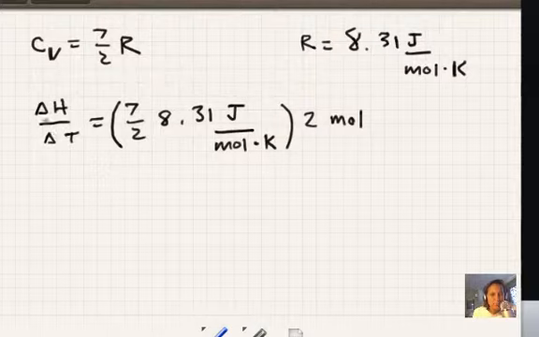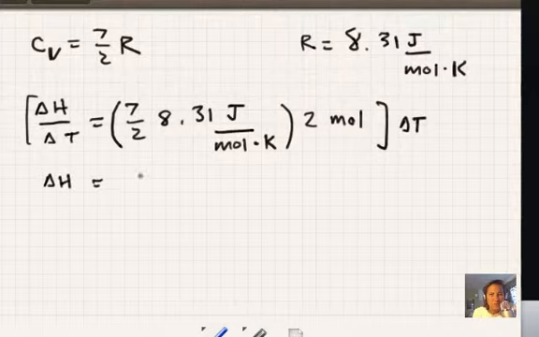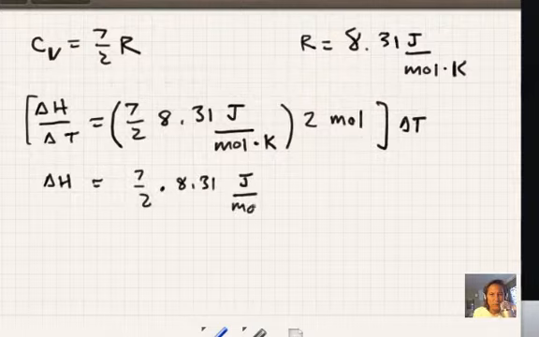And if we want to know what delta H is, we're going to need to multiply both sides by the delta T. So we get that the delta H is equal to 7 halves times 8.31 joules per mole Kelvin times 2 moles times 200 degrees C, which is the same thing.